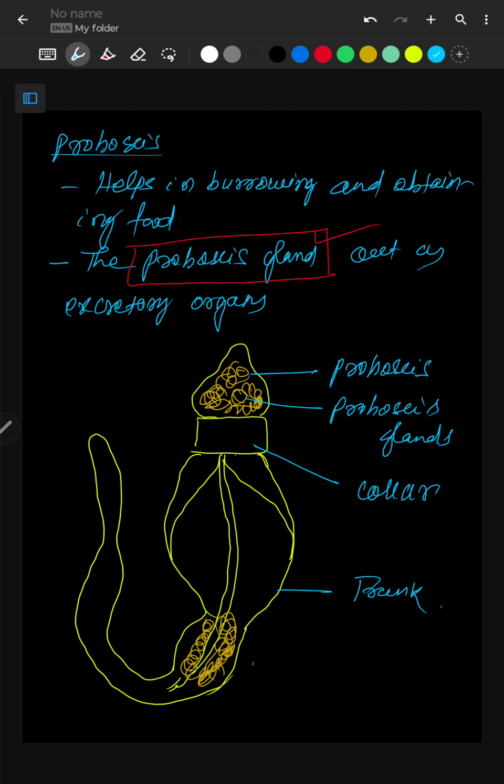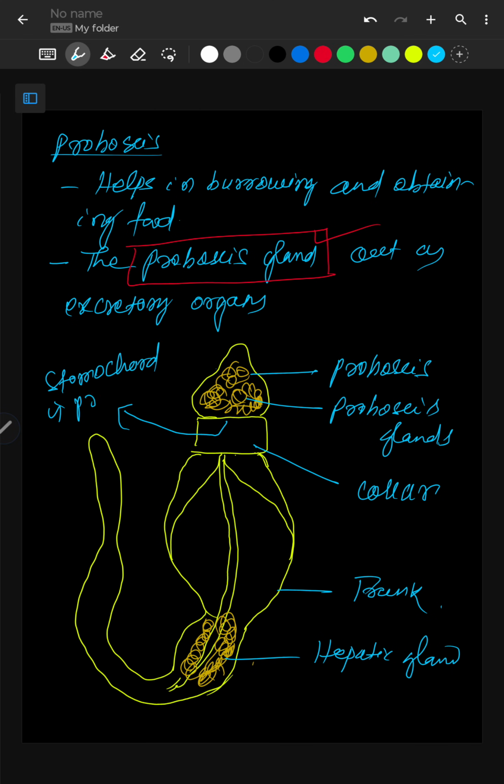So you can see these are the hepatic glands. This proboscis is a triangular and more or less pointed structure which helps in burrowing the sea bottom. Now you can see the stomochord. Where is the stomochord present?